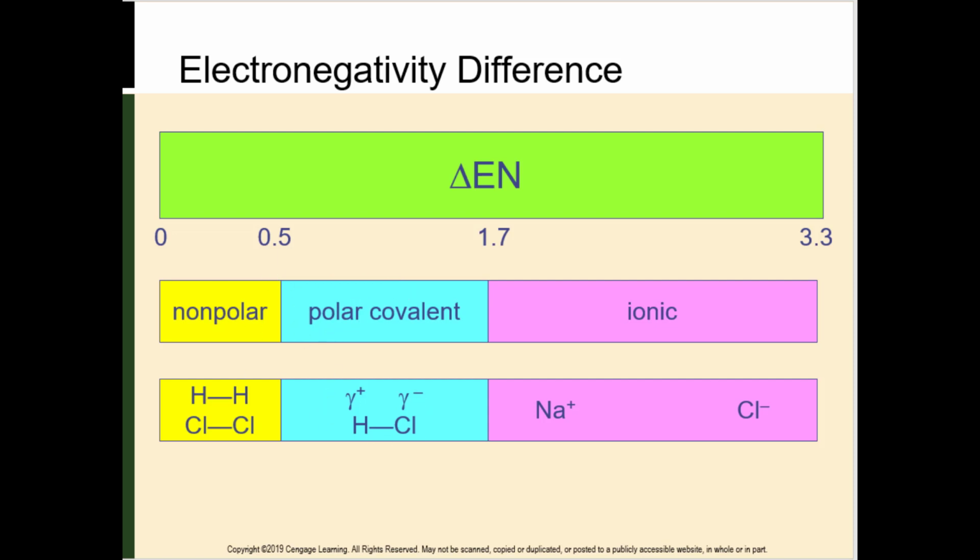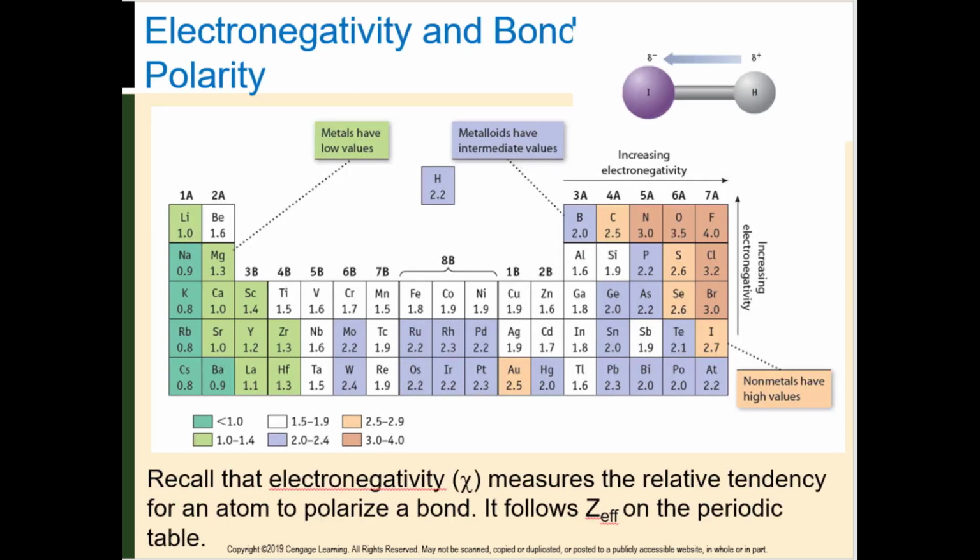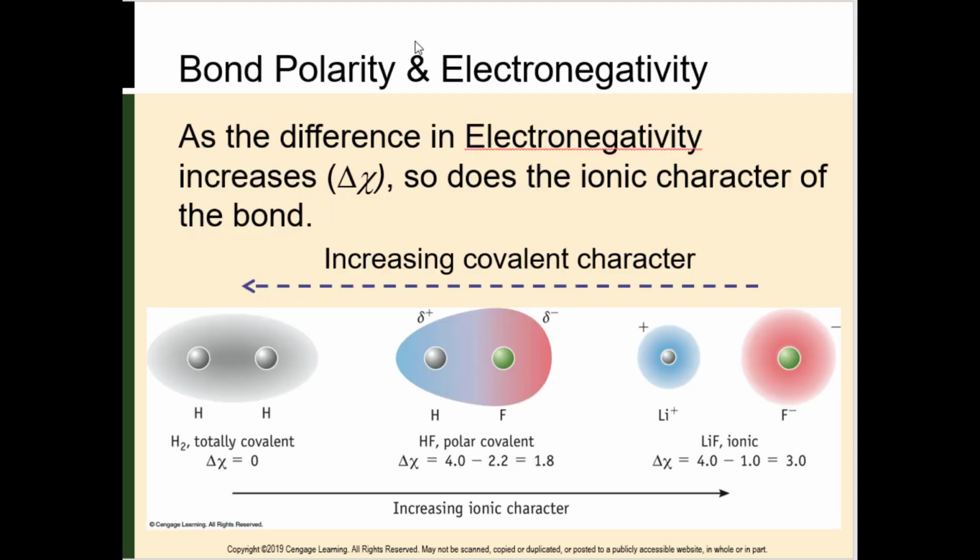But we can also look at that and see that I is more electronegative. It has a higher value, 2.7 versus 2.2. So when we write out this molecule, we show that this end is slightly negative. That's the negative end of this molecule, and my hydrogen is the slightly positive side. Another notation is also to draw an arrow towards the more negative end of that molecule, so from the positive to the minus end.